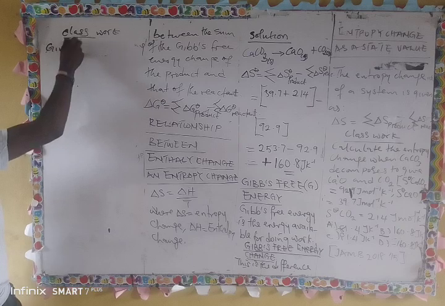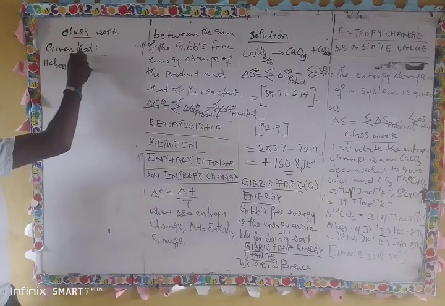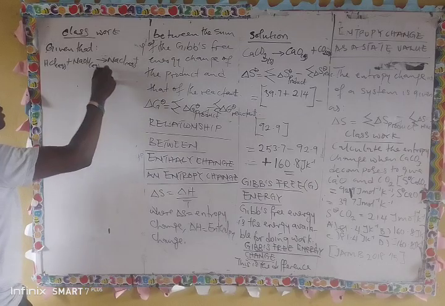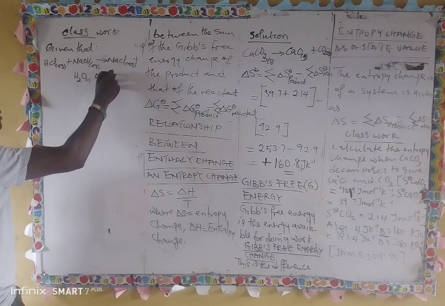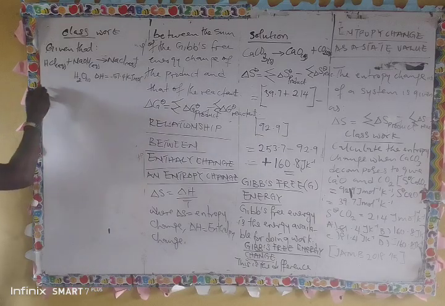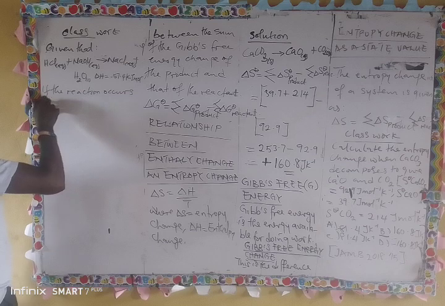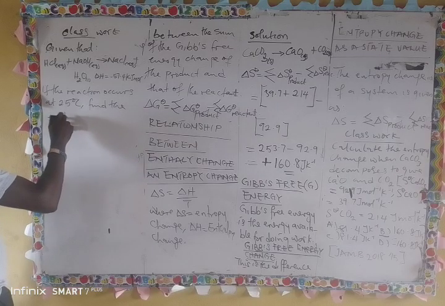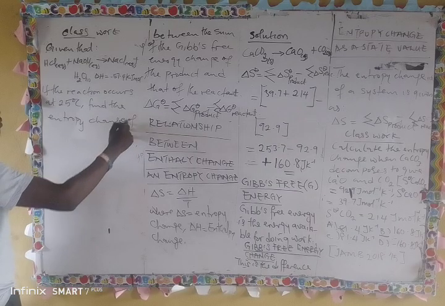Given that HCl plus NaOH equals NaCl plus H2O, and that delta H equals minus 57.4 kJ per mole, if the reaction occurs at 25 degrees C, find the entropy change of the reaction.